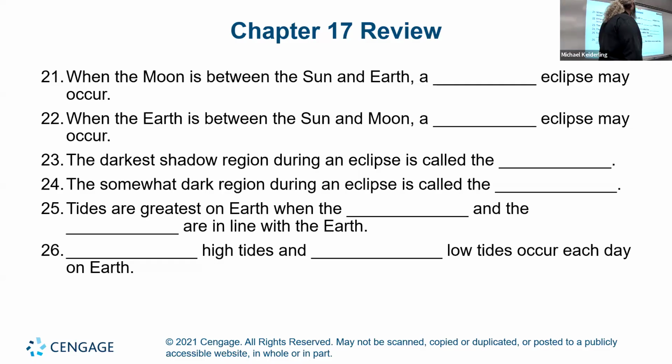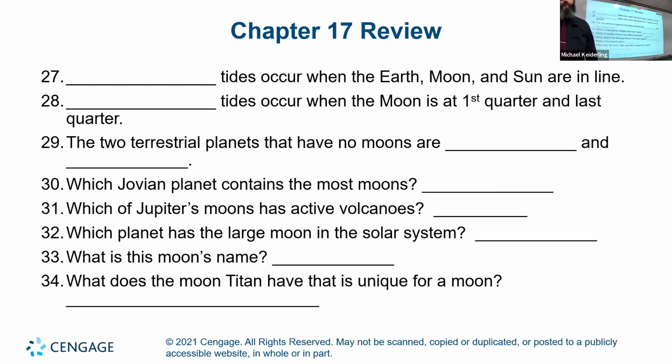Tides are greatest on Earth when the sun and the moon are in line with the Earth. 2 high tides and 2 low tides occur each day on Earth. Spring tides occur when the Earth, moon, and sun are in line. Neap tides occur when the moon is at first quarter and last quarter. The 2 terrestrial planets that have no moons are Mercury and Venus. The Jovian planet with the most moons is Saturn.